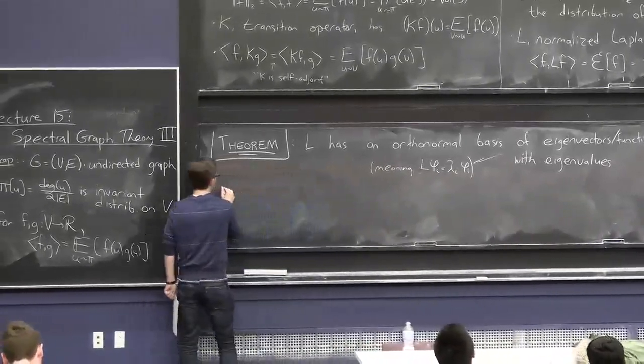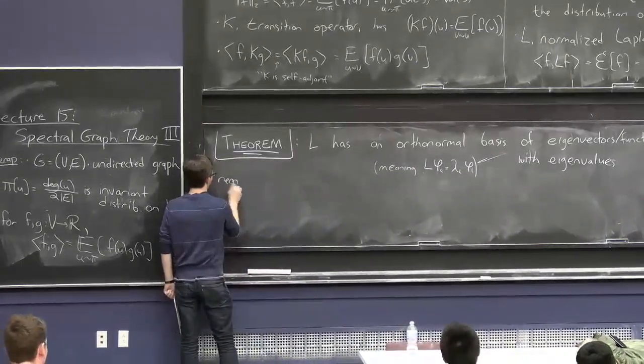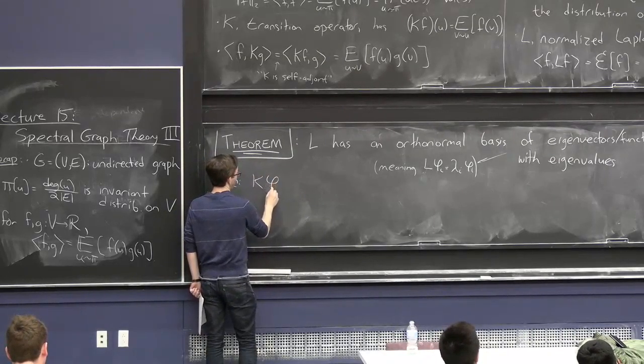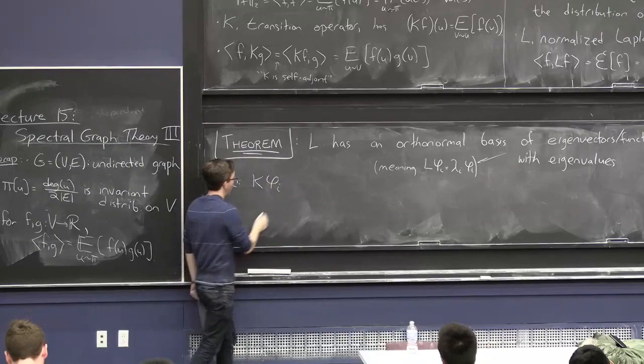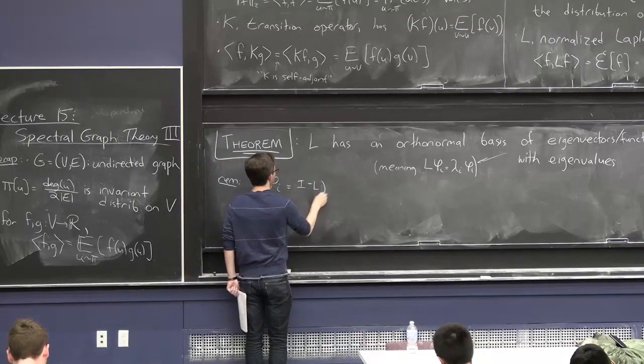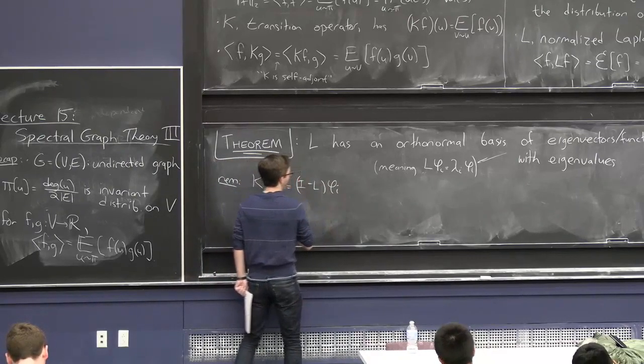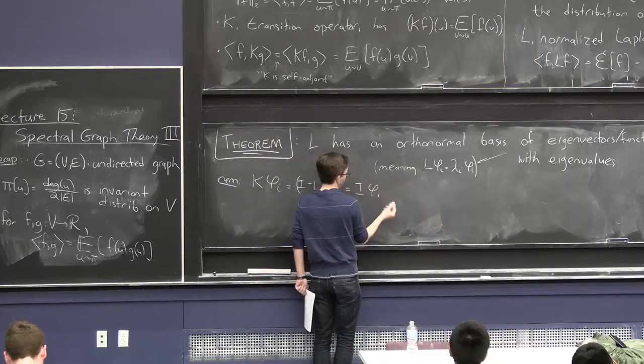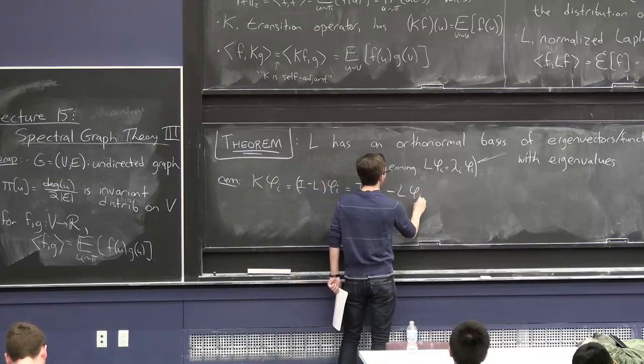Since K is I minus L, if I hit phi i with K, it's (I minus L) phi i. This is easy. This is I phi i, which is just phi i, minus L phi i.